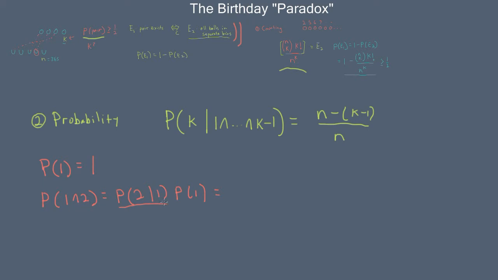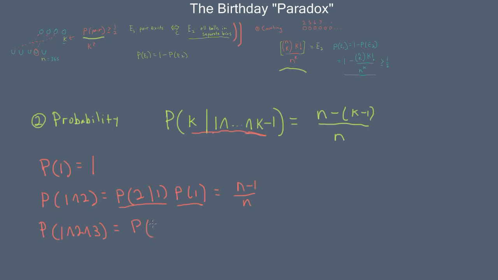And note, we already know the form of this expression. It's equivalent to this, since k in this case is 2, n minus 1 over n, and then the probability of p1 we already computed. And so this pattern can be iterated all the way up to k.